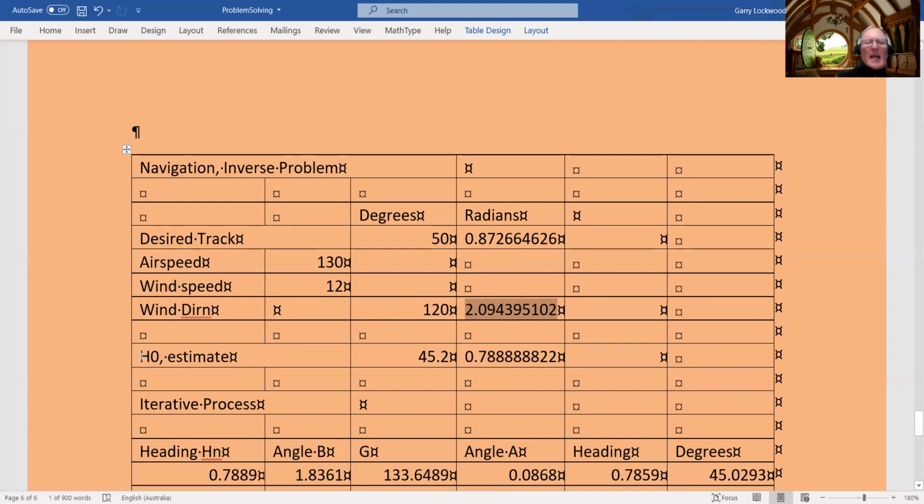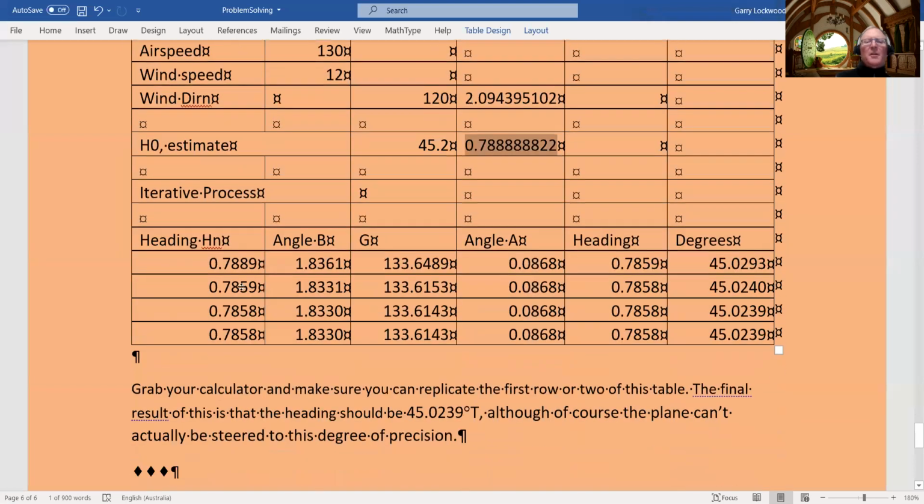So here's my H0, the first estimate of my track, and it's not a great one, but it's 45.2 degrees. In radians, that is this. So I just keep converting them to radians. And so here's my iterative process, and I've laid it out in a table.